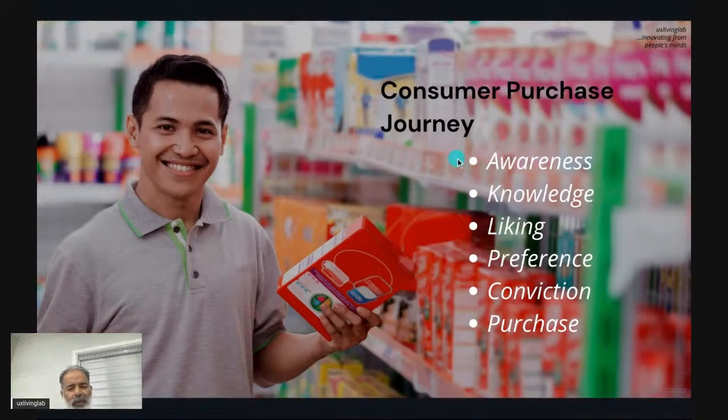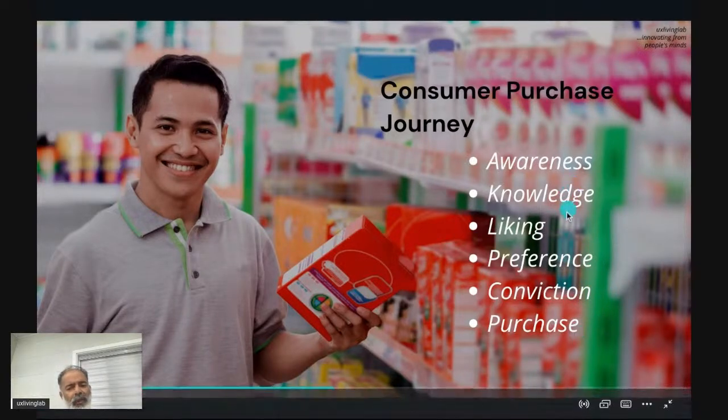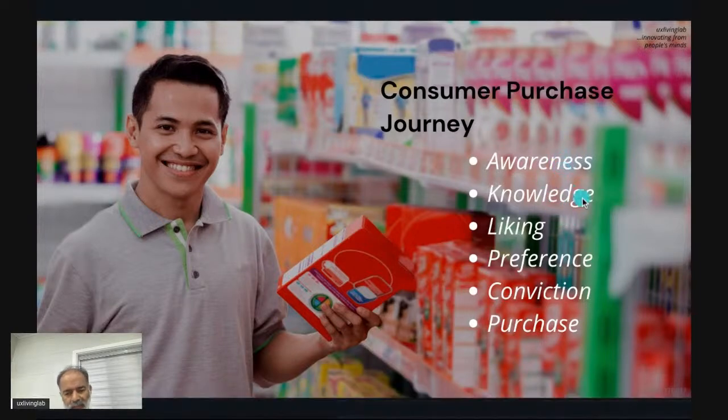This is proposed by two great scientists, Lavidge and Steiner. That's why it's called the Lavidge and Steiner model. So start with awareness, then gaining the knowledge, then liking, then preference, conviction, purchase. Every product will go through this journey. Think about you are going to buy a car: create awareness, create the knowledge, liking, preference, conviction, purchase.